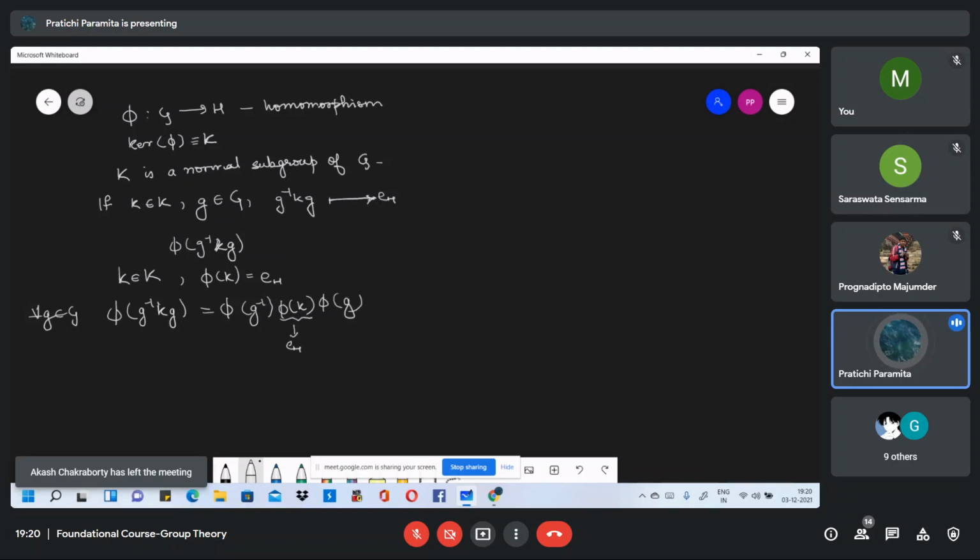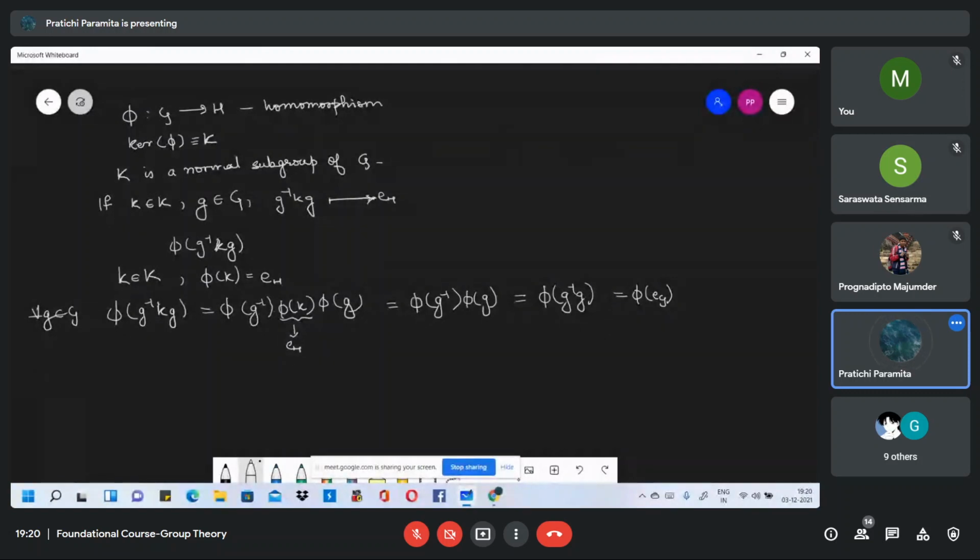This is e_H. So this is nothing but phi of g inverse g, which is phi of e_G. And a homomorphism maps the identity element of G to the identity element of H. So it will be e_H. So this is simply implying that g inverse k g is in K, the kernel of phi.